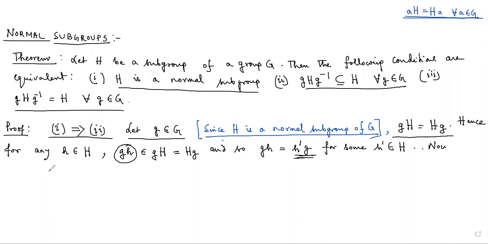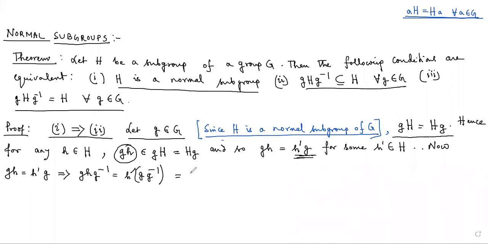Now, gh is equal to h prime into g, and we can multiply both the sides of this equation by g inverse. We can multiply both the sides of the equation by g inverse, and we can associate these two.